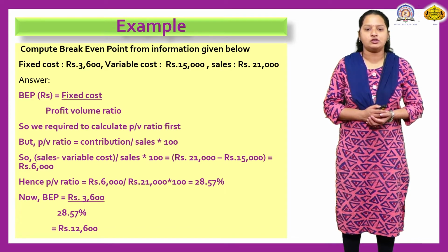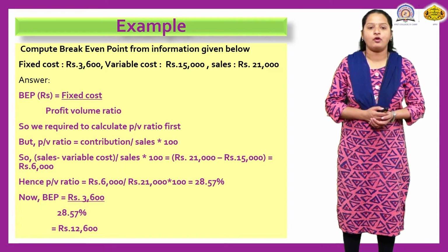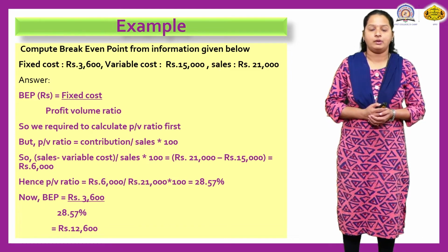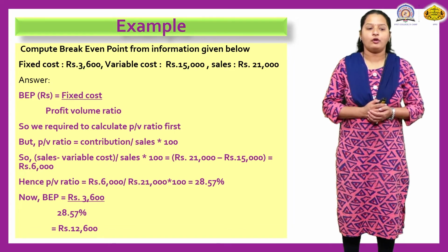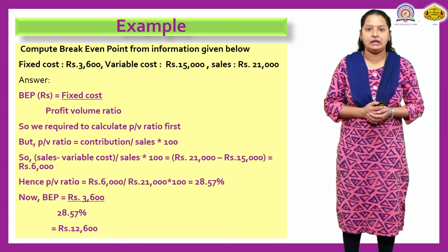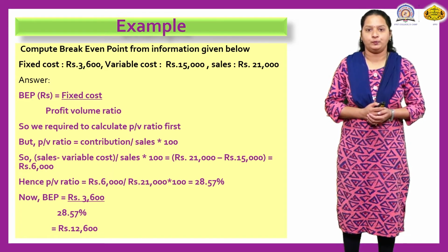Now, as we have fixed cost, variable cost and sales, we have to use the formula where the fixed cost can be taken. So, for calculating this BEP in rupees, the formula we will take is fixed cost upon profit volume ratio.